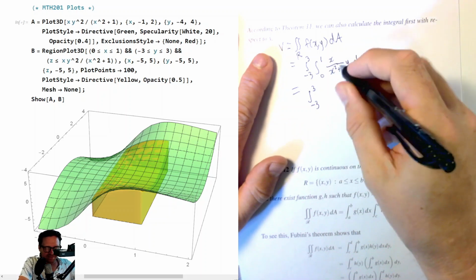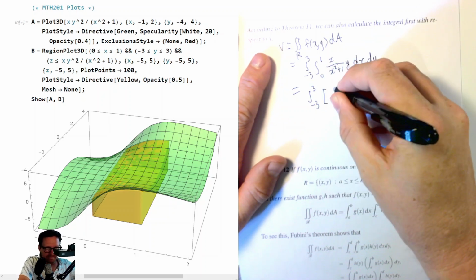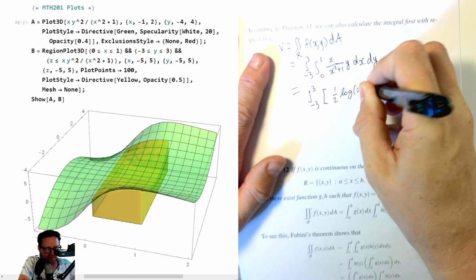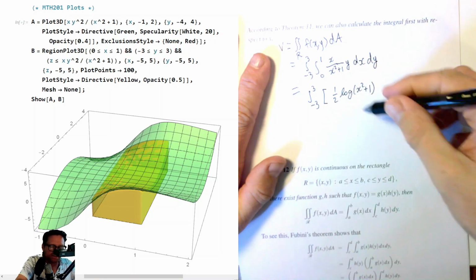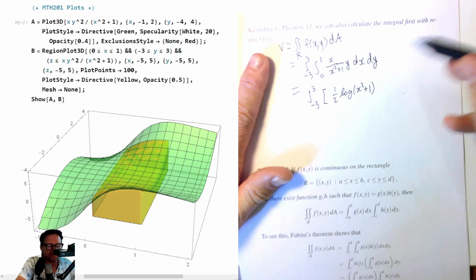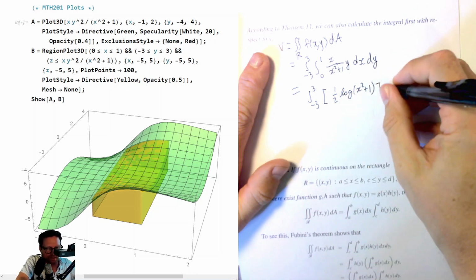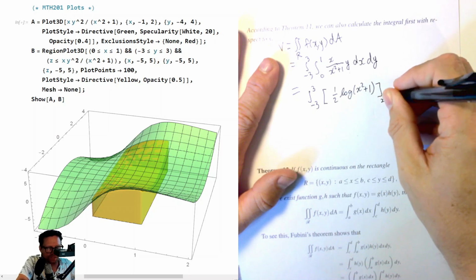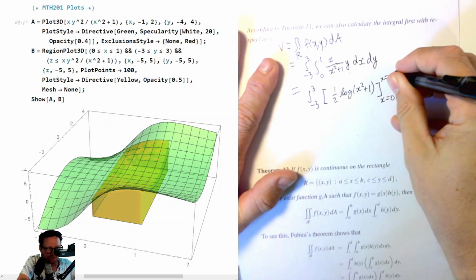So what we have is this is going to be 1/2 natural log of x squared plus 1. And since I've left this in terms of x and not changed this to a letter u, this is x equals 0 to x equals 1.